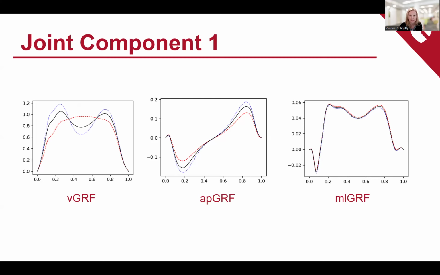The red vertical ground reaction force is for the worse movers, the ones that had higher loading for fear of falling, and what we may be seeing in the shape of this curve is a shuffling gait. If we look at the blue curve for the AP ground reaction force, there's a deeper valley and a higher peak for these faster walkers. We don't see much of a difference between the blue and red medial lateral ground reaction force curves.